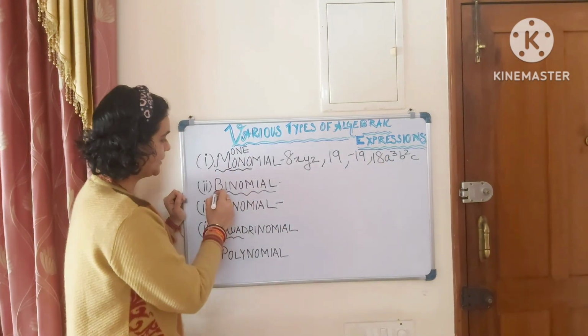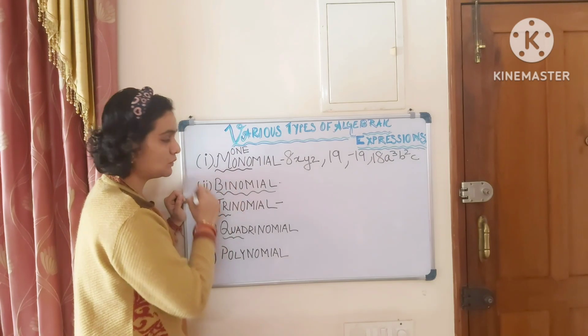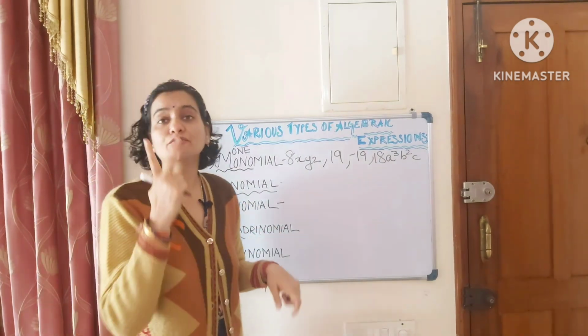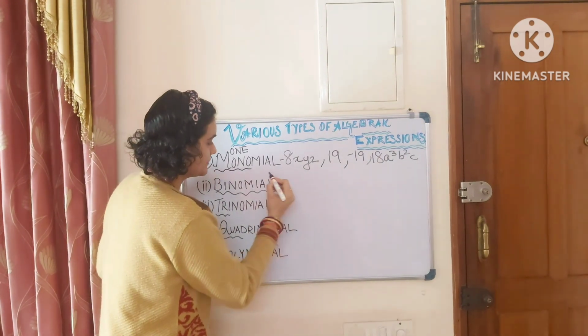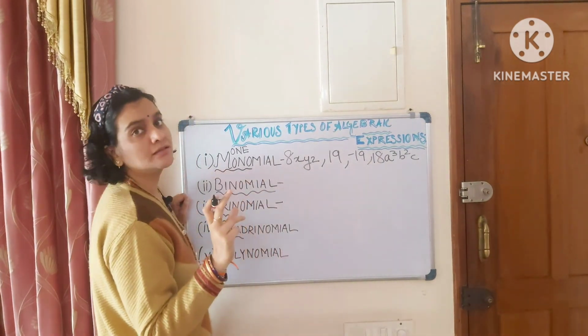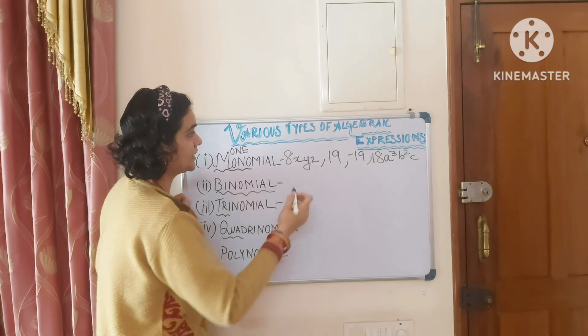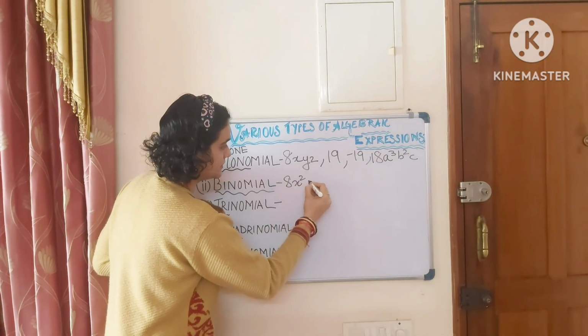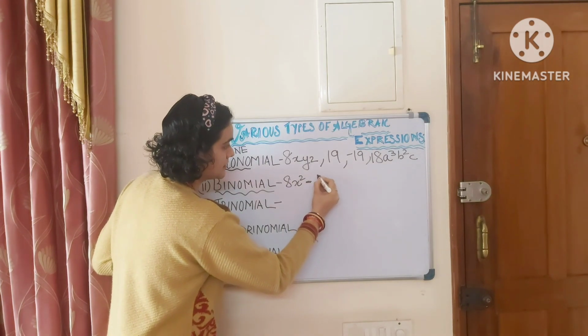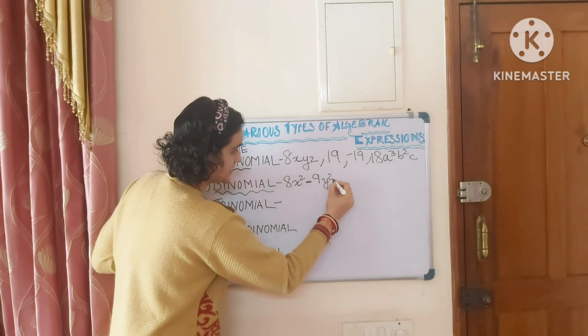Now let's move to binomial. Wherever the word bi is used, like in the case of a bicycle, we have got two wheels. Bi means two. So here bi means there will be two terms in that algebraic expression, like 8x squared minus 9 y square z.